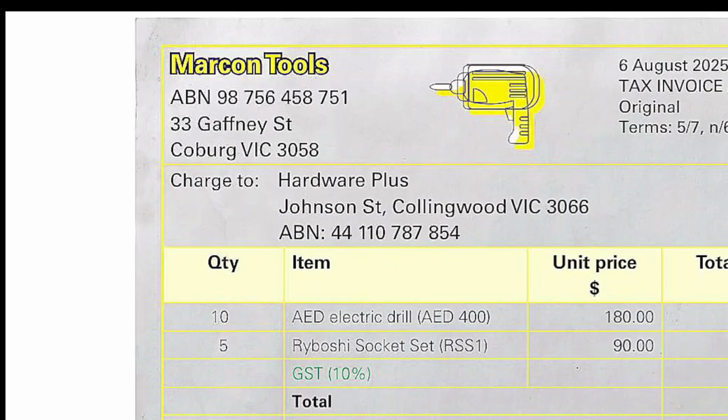5/7? 5%? Yeah, 5% off the total invoice price if settled within 7 days, right? N/60, meaning? 60 days. Yeah, you have 60 days regardless, right? When I was a student, I always confused this one.